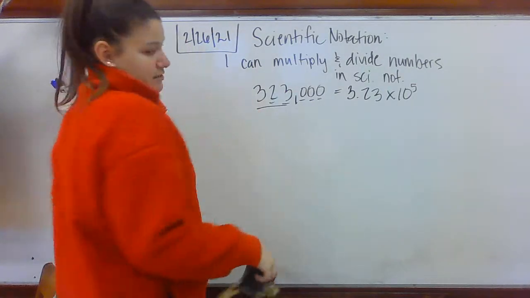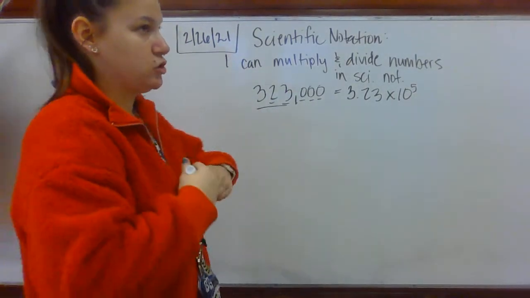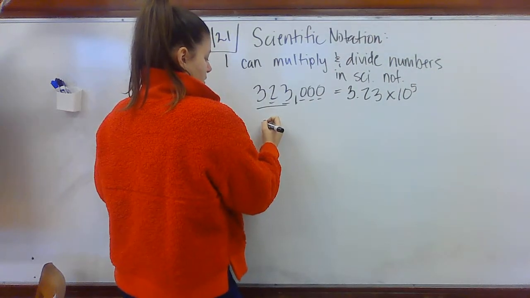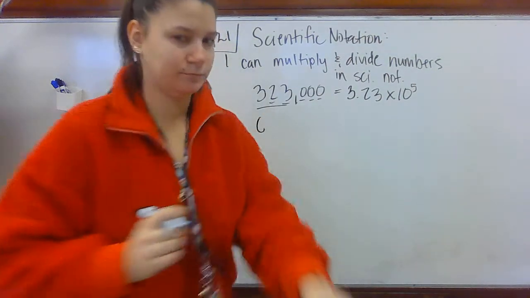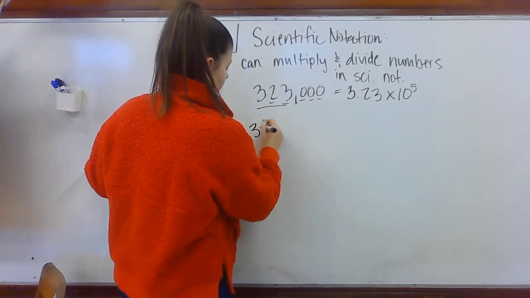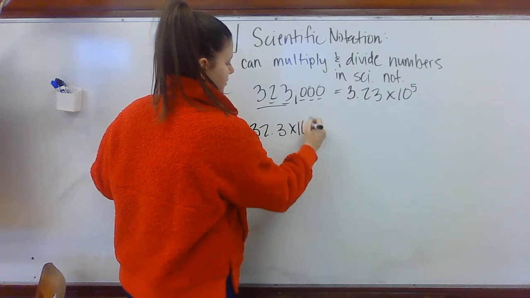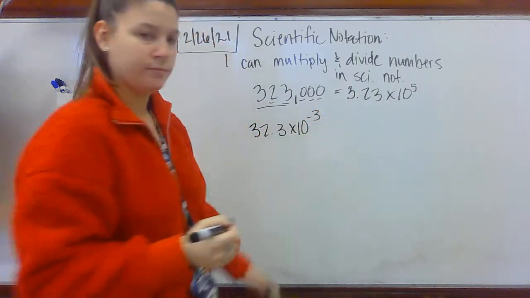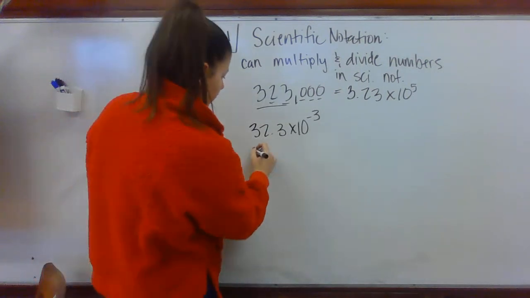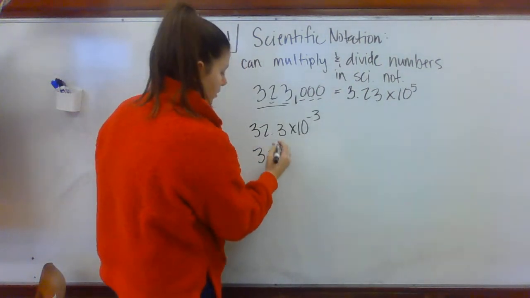So for example, let's say that you solved a problem and what you ended up with was 32.3 times 10 to the negative third. Well, I know I'm going to need to pull this over between the 3 and the 2, 3.23.